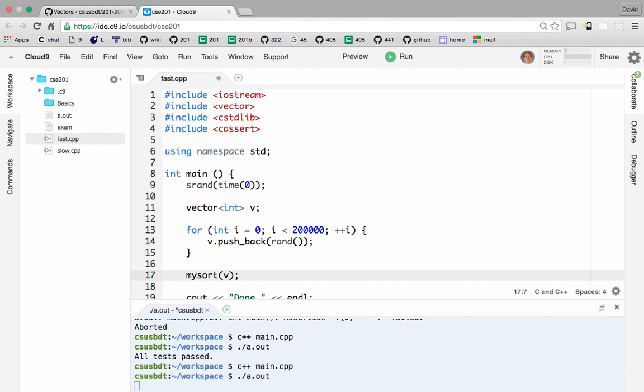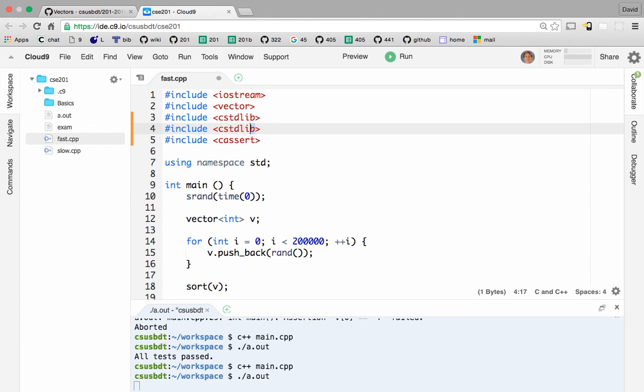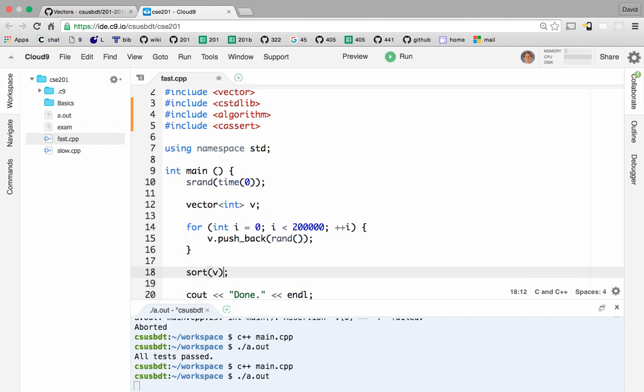Instead of calling my sort, I'm going to call sort that's part of the standard library. It's in a header called algorithm or algorithms. I can't remember. I think it's algorithm. And sort, it's a little cryptic, but sort takes two arguments.